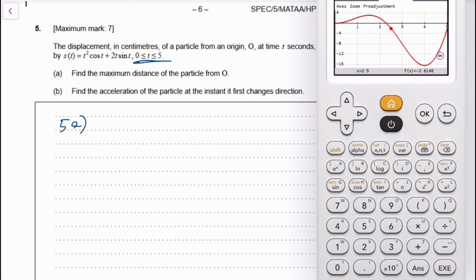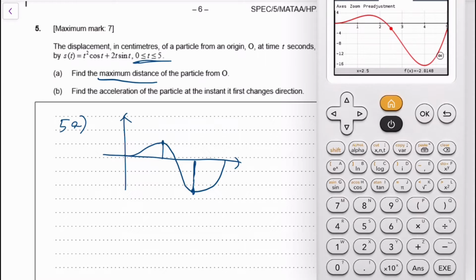This is the displacement graph. Okay, so roughly this. So where is the largest, where is the maximum distance? Is it the maximum point? Well, the answer is no, obviously it's here, because distance is the absolute value of displacement. So this would give you the maximum distance.